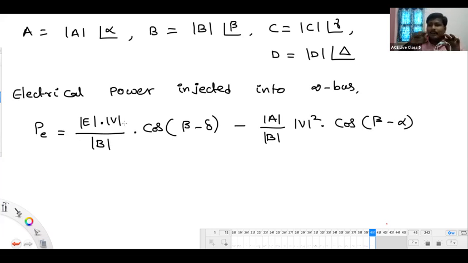Mod E and mod B are the voltage sources at the two sides. Look at the name of parameter B now. This parameter B is going to be called the short circuit transfer impedance.